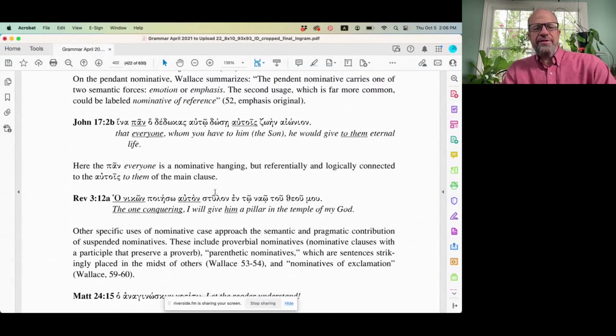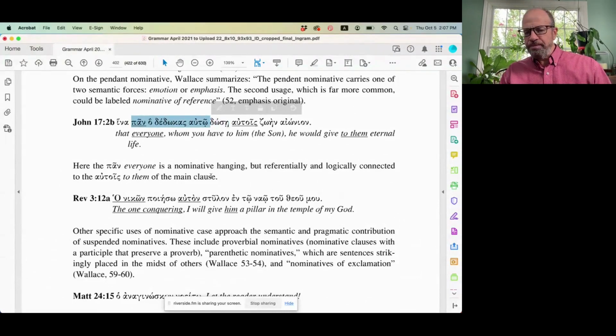For example, John 17:2b, that everyone whom you have given to the Son, he would give to them eternal life. So everyone whom you have given to him, he would give to them eternal life. So the everyone is suspended and then given some elaboration.